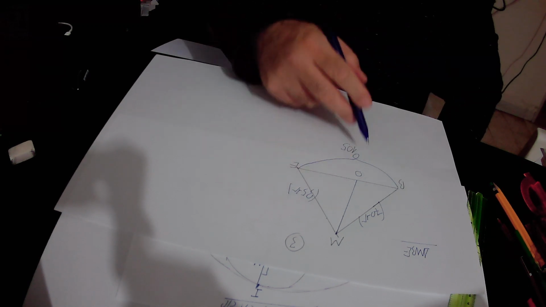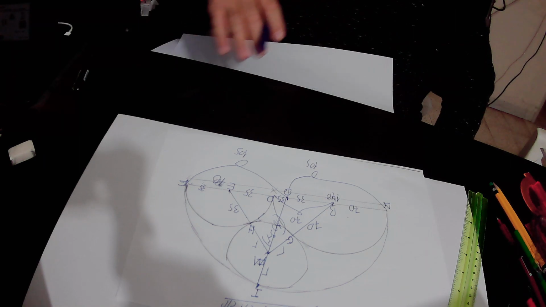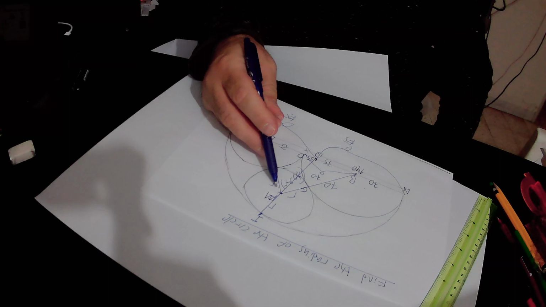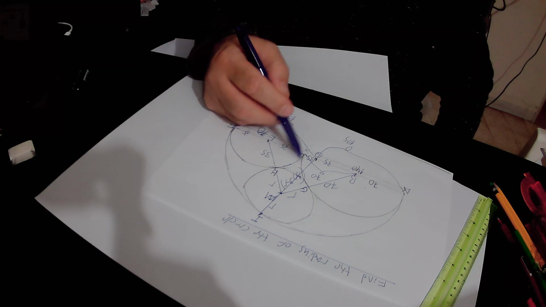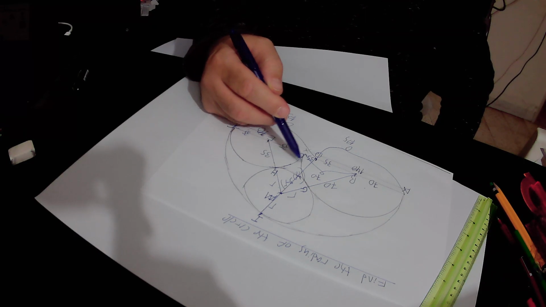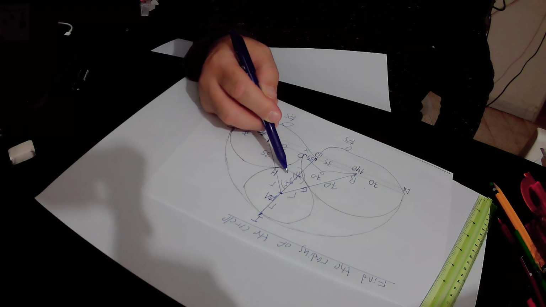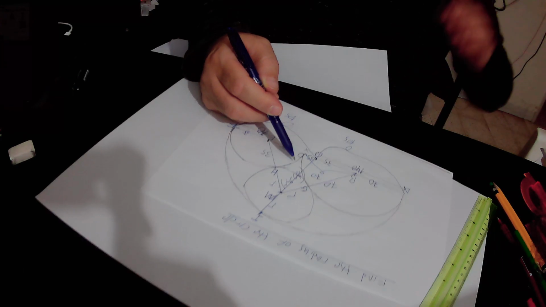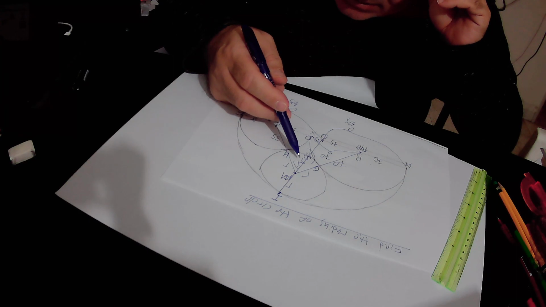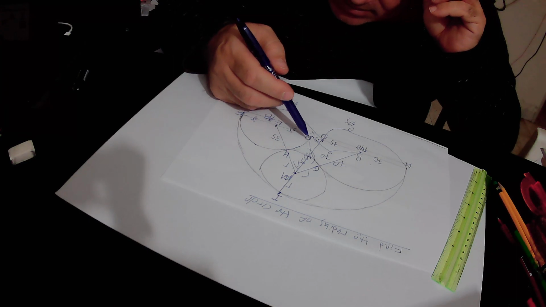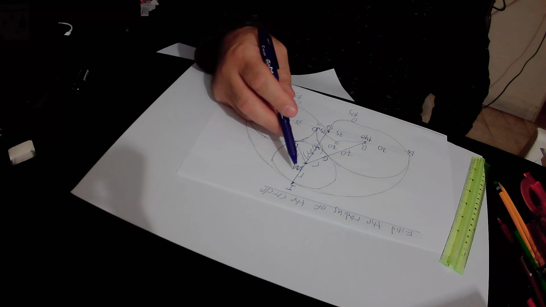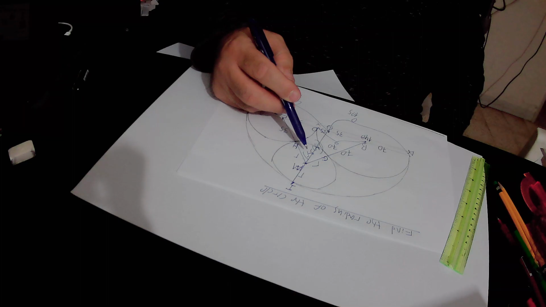What is the length of MO? As you can see here, MO is equal to MI, that is the radius of the biggest circle, that is to say it is 105 units, minus the radius of the small circle, that is small r. So it is the radius of the biggest circle minus the radius of the small circle.